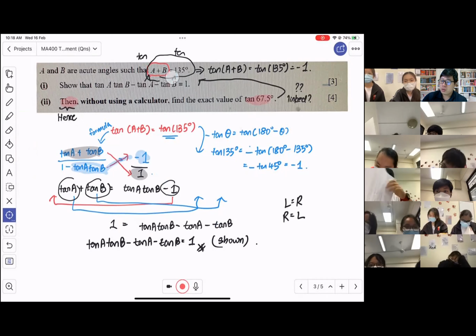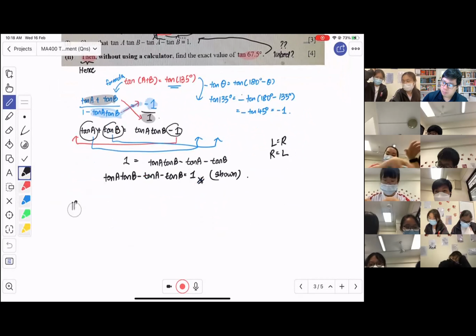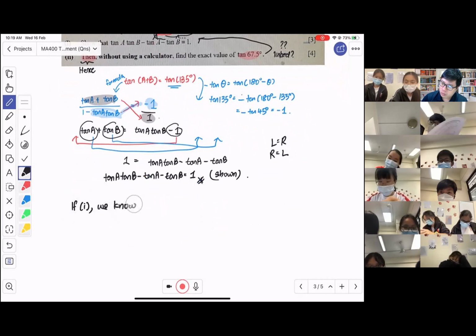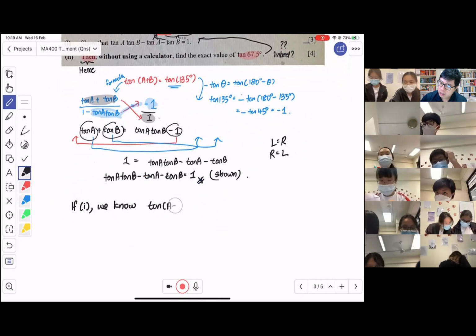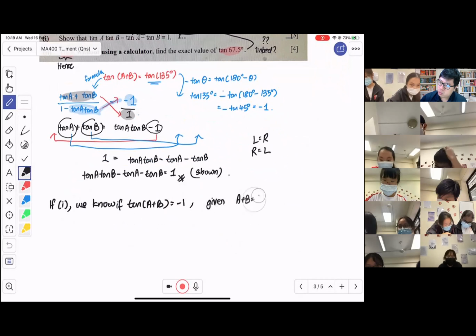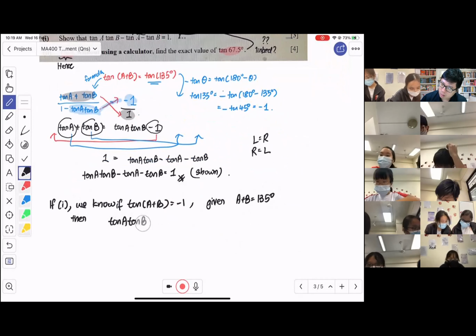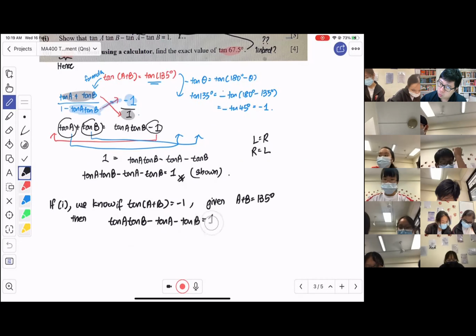Very simply, in part 1, we know that if tan(A+B) equals negative 1, given A plus B equals 135, then part 1's result tells us that tan A tan B minus tan A minus tan B equals 1.